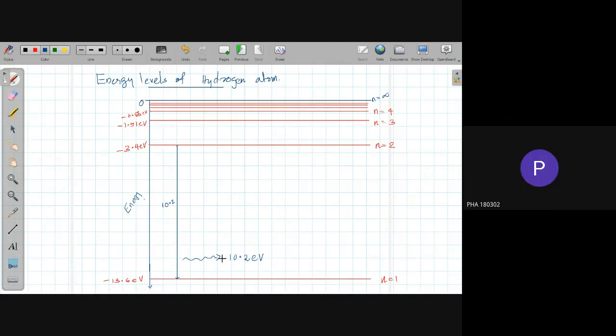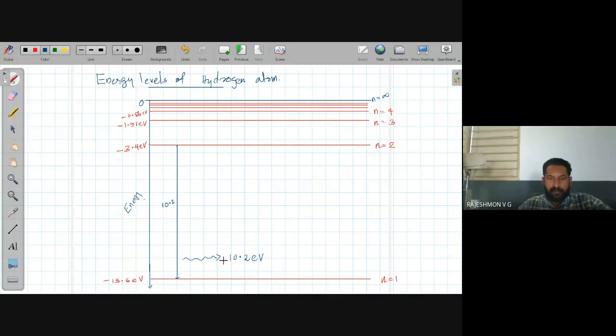So that is the way in which we can explain line spectrum. If you observe the spectrum of hydrogen, it will have different lines, and one of the lines will be at this position, 10.2 eV. What are the other possibilities?